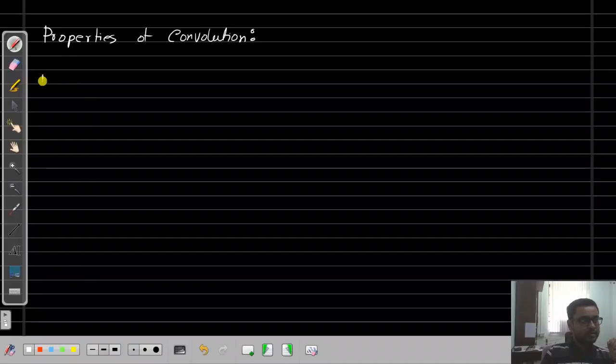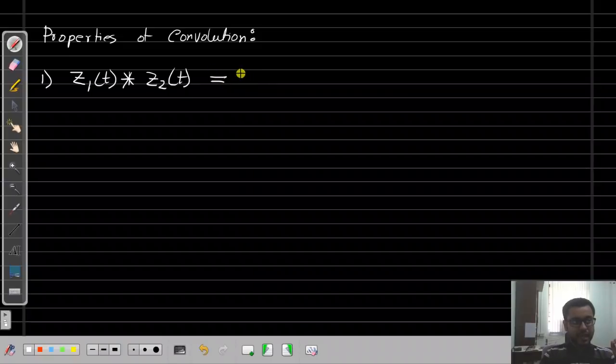Number one, if I have two functions z1(t) and z2(t), if I calculate the convolution between them, z1 first and z2 next, it is the same as calculating z2 convolved with z1. The order is swapped, 2 and then 1. This property is called the commutative property.